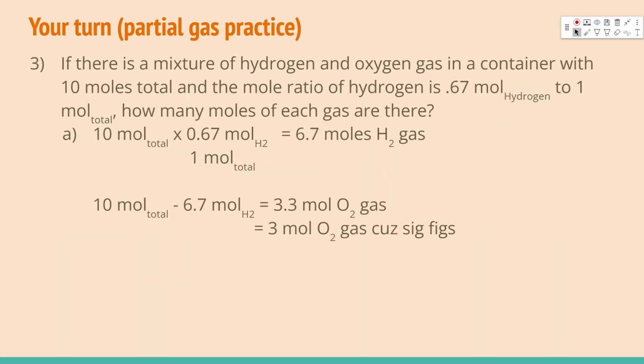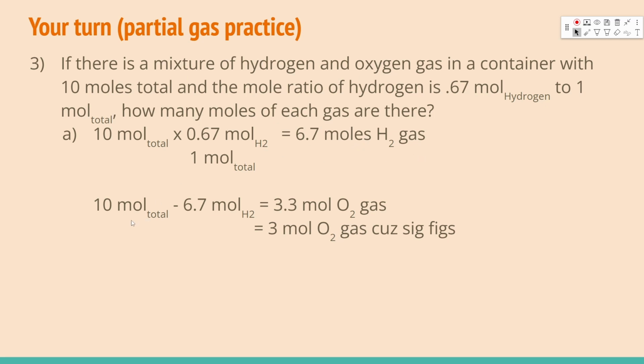The last question, we have a mixture of 2 gases, and we can get the moles of each. So since I know the mole ratio, I can do some quick little math. So I have 10 moles total. For every 1 mole total, I have 0.67 moles of hydrogen, and so that's where the first part comes from, where I am literally canceling out units for mole total here, and I got my moles of H2 calculated.